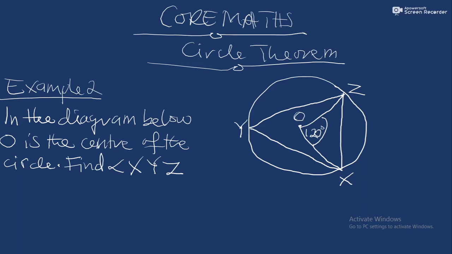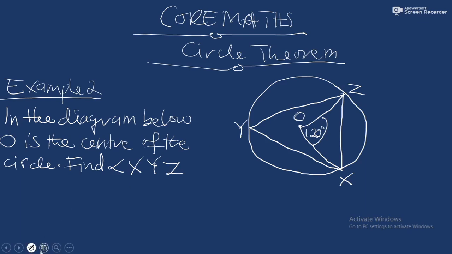It means that from the theorem, this angle 120 degrees here is twice this angle here at the circumference. So angle XOZ should be equal to 2 times angle XYZ.